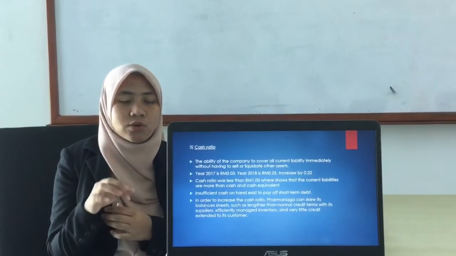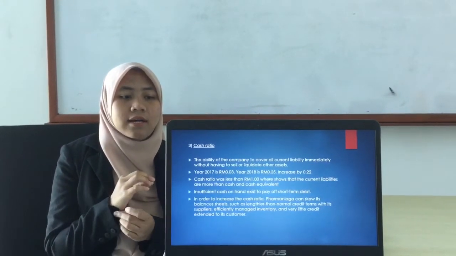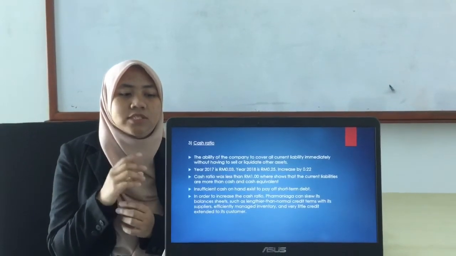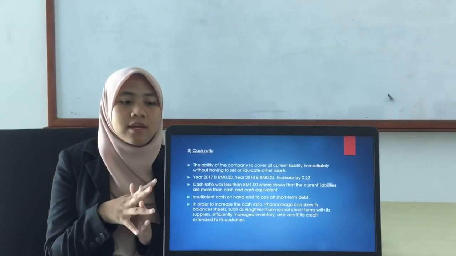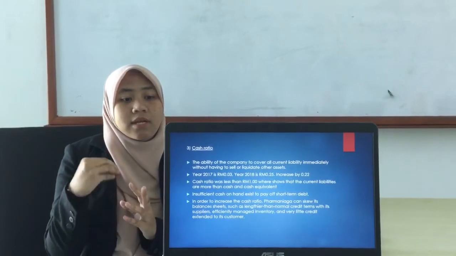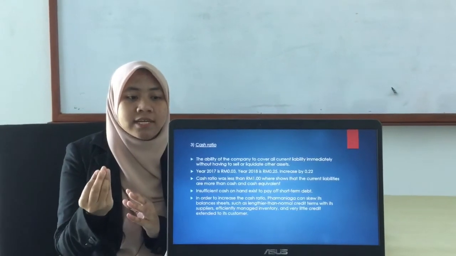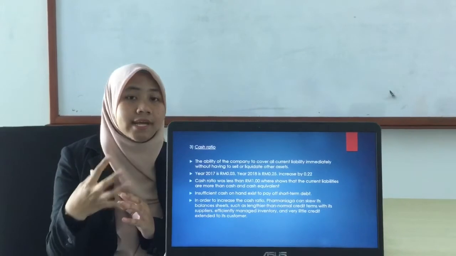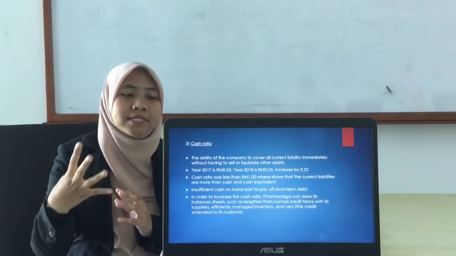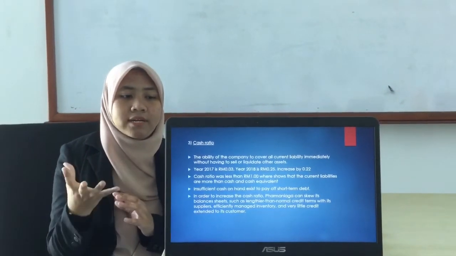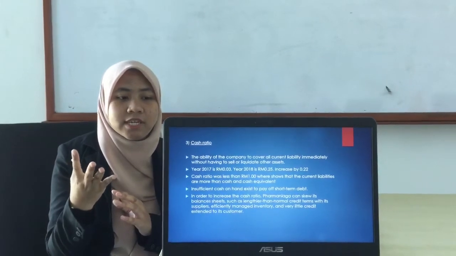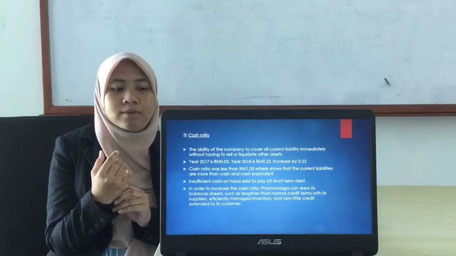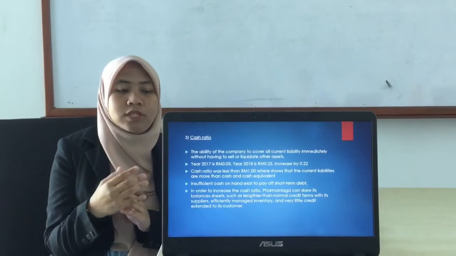The cash ratio is less than RM 1, which shows that the current liabilities are more than the cash and cash equivalents that the company has. So when the company faces insufficient cash on hand, it will have a problem paying off short-term debt.